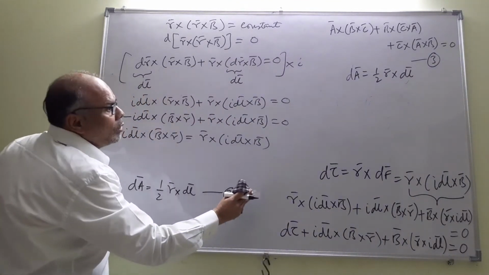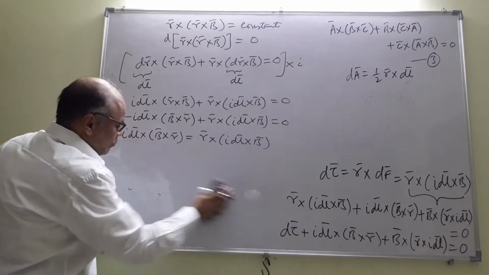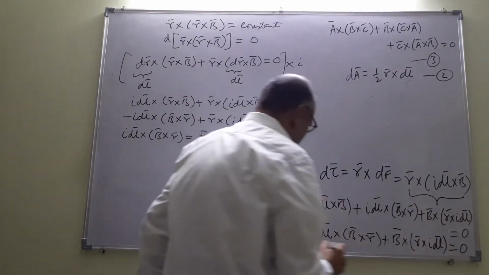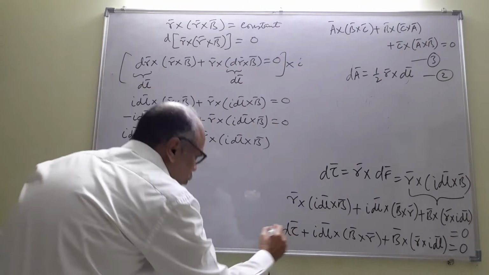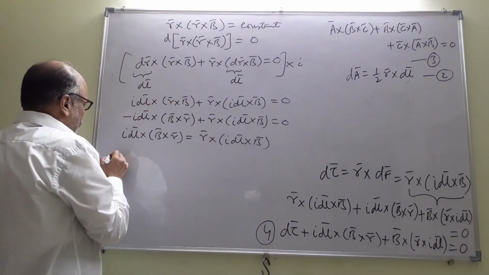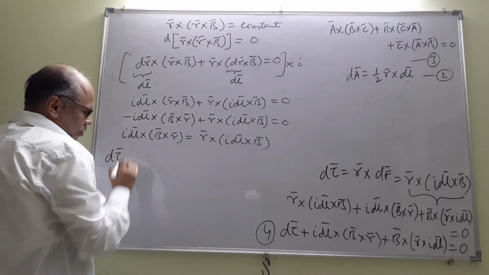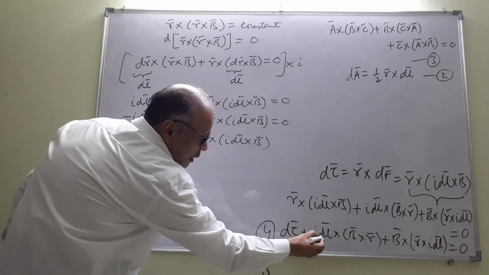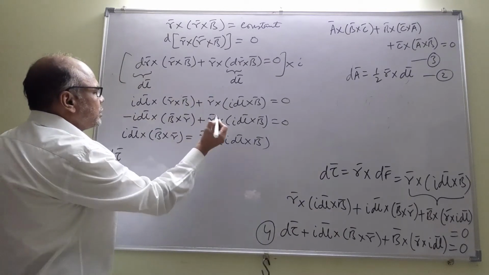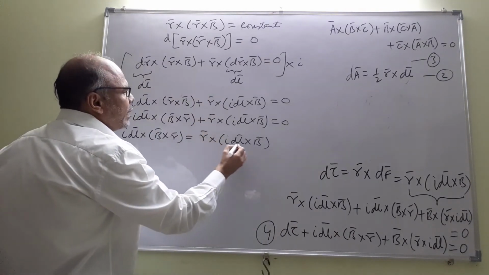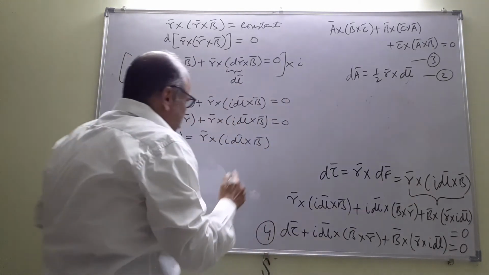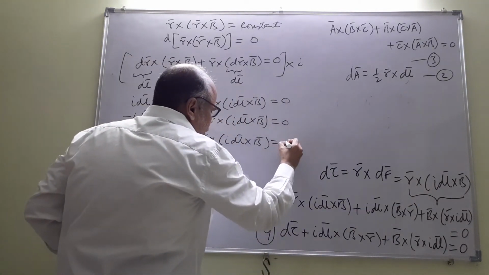So that is equation 2. I will call this equation as 4. What happens to this 4? It would become dτ and I dL cross B cross R. I dL cross B cross R is R cross I dL cross B. R cross I dL cross B is again nothing but dτ.